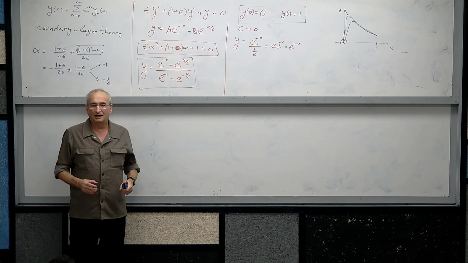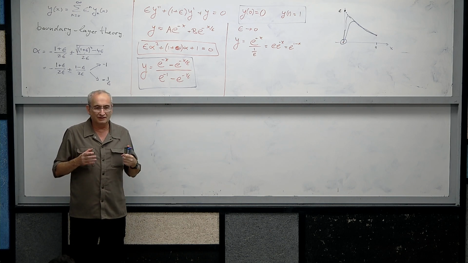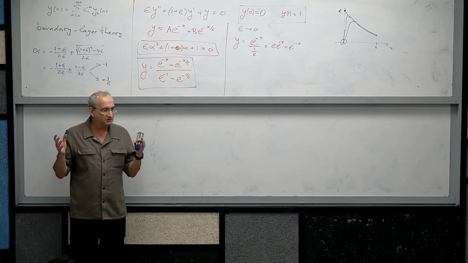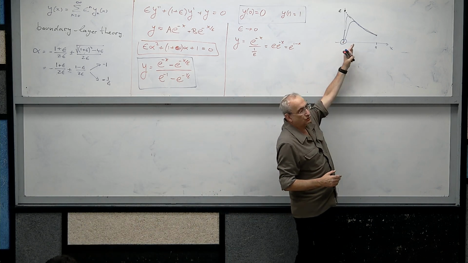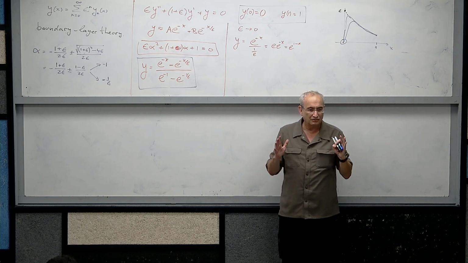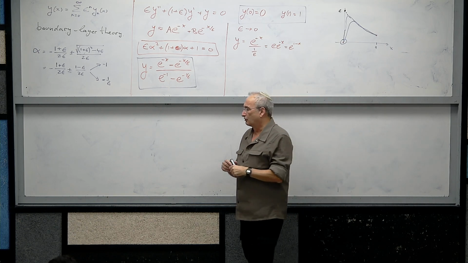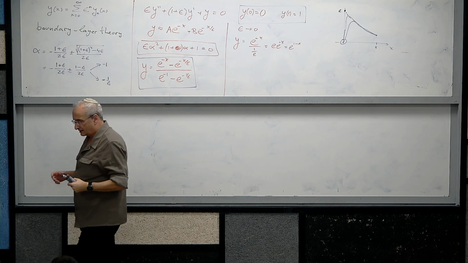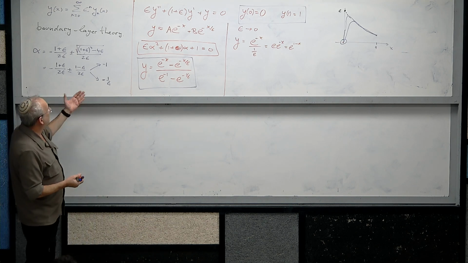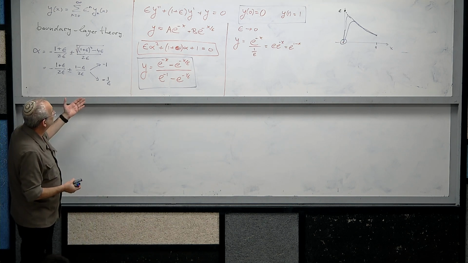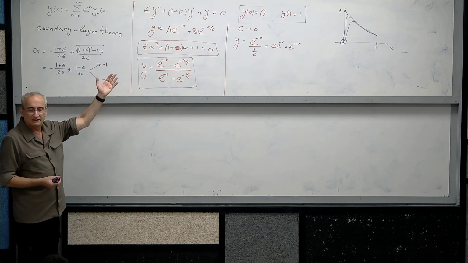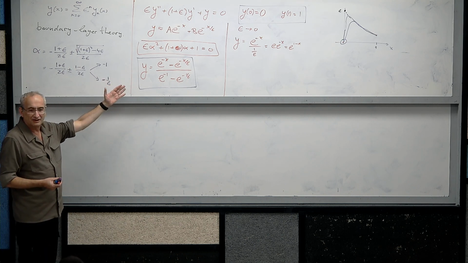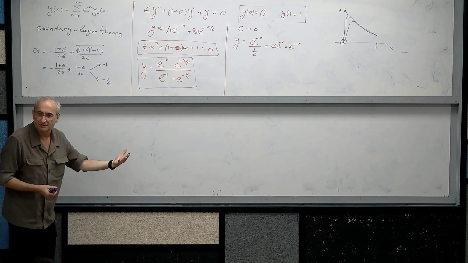I want to arrive at a solution based on the fact that epsilon is small. But since I have a boundary layer, I should do something. So the trick is, now I will demonstrate it for this problem, which is again solvable, and there is no point in doing what I'm doing now, but this is a demonstration of a method.